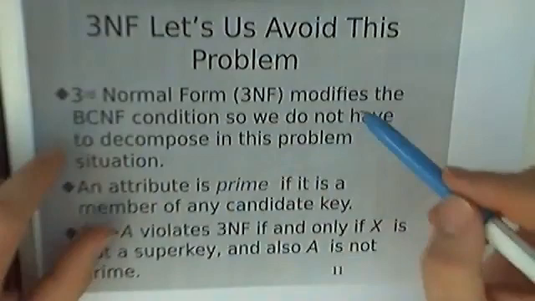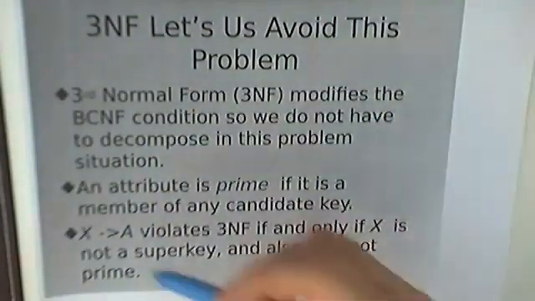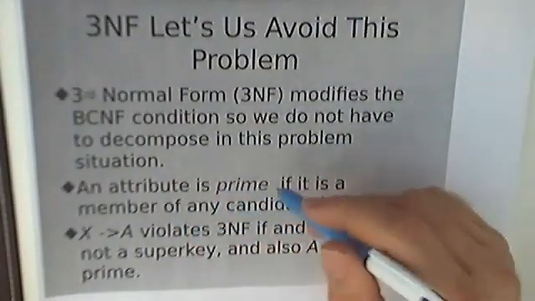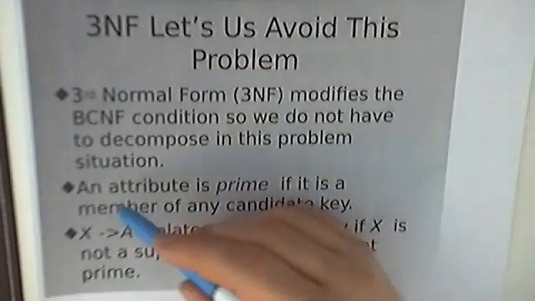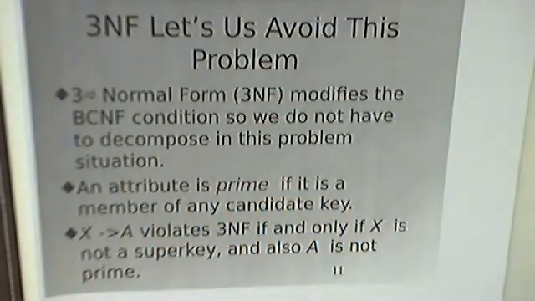Something is in third normal form. Basically, we need one little thing to define what third normal form is: we have the notion of an attribute being prime.